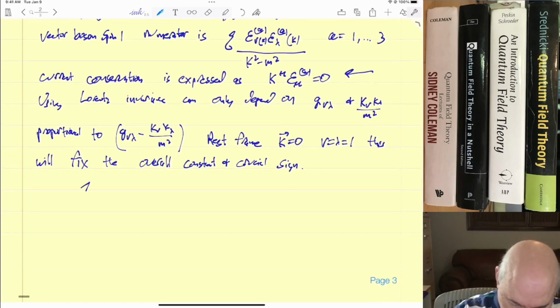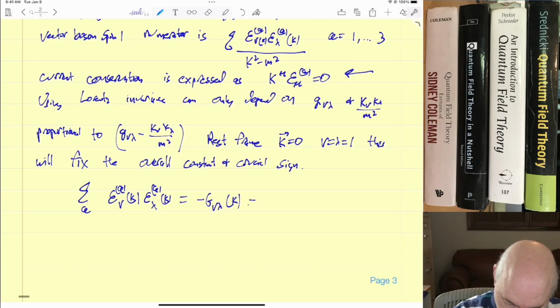And we find, summing over A, this object, capital G, is equal to minus G nu lambda, and this is exactly what we had before. This is the crucial minus sign.